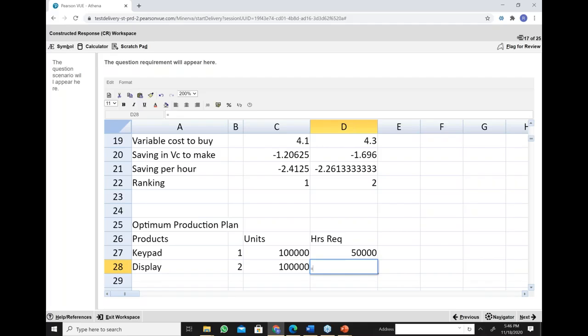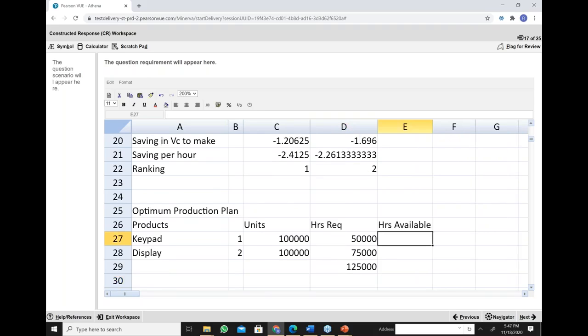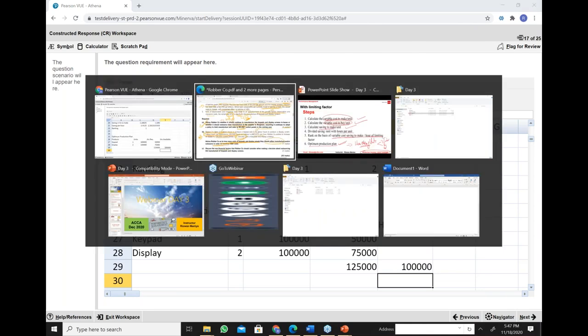1 unit of display screen requires 0.75 hours, right? So 100,000 into 0.75 will give you 75,000. So total hours required 125,000, right? Now hours available. How many hours do we have?